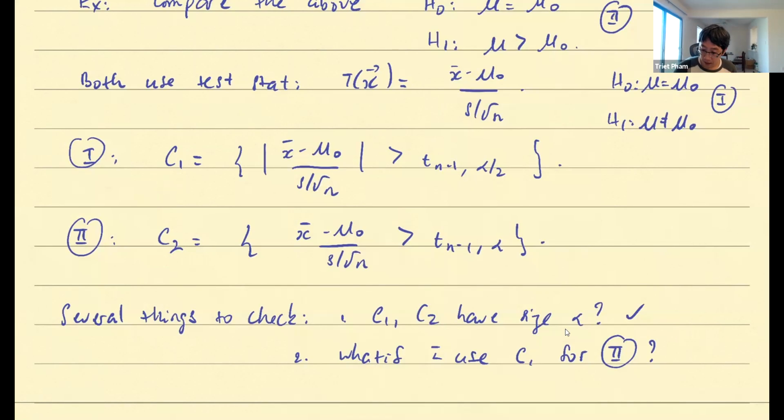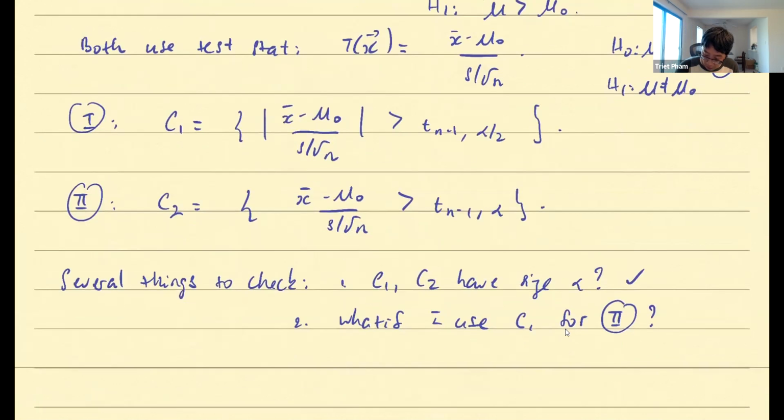Why can't I say that in this test 2, I reject if this happened? Yes, the beta gets larger. But is that clear?